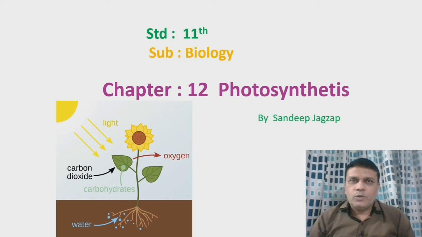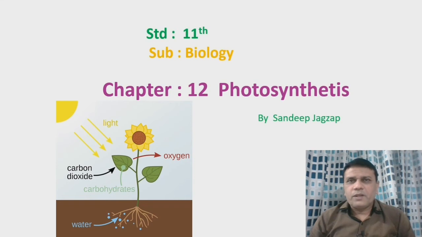Then you have learned regarding the second phase or second step of photosynthesis, that is dark reaction, which is also called as Calvin cycle, or it is called as C3 pathway. Then you have seen regarding photorespiration.